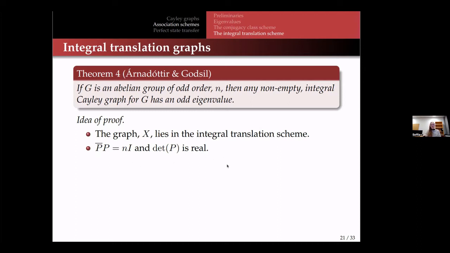And also we know that the determinant of P is real. And then we just have this equation here. The punchline is that the determinant of P is an odd number.